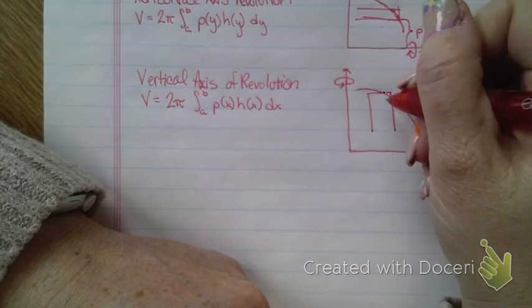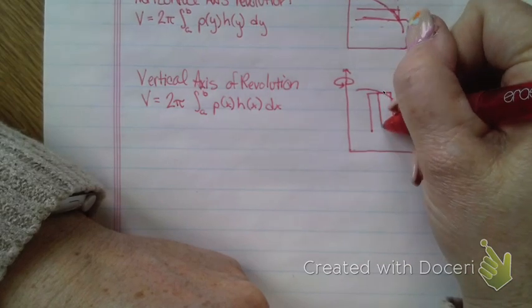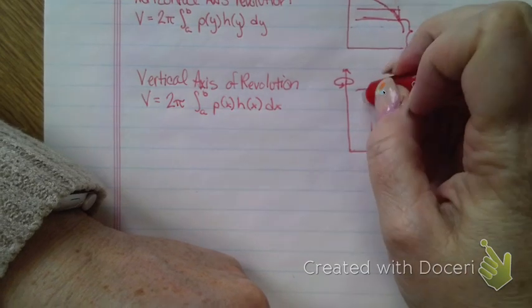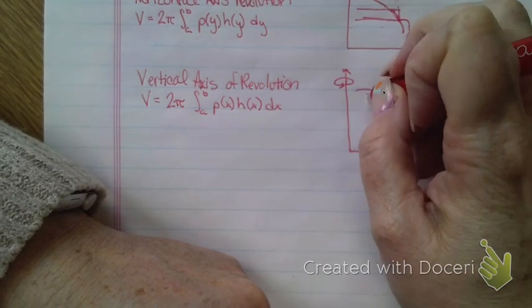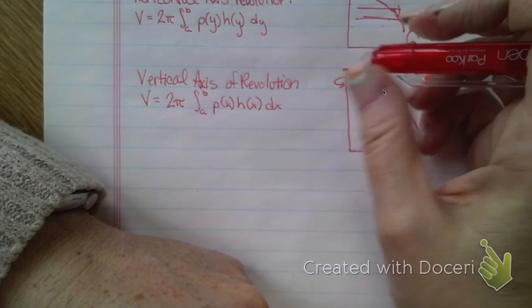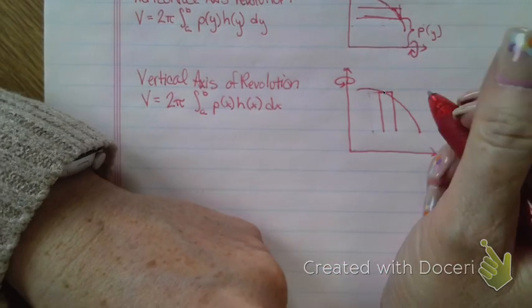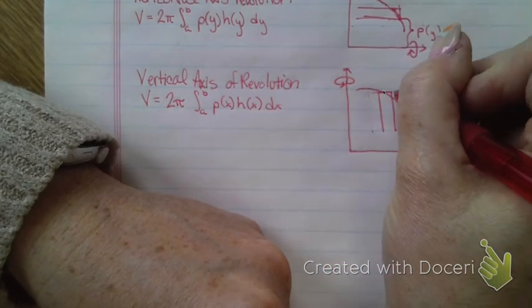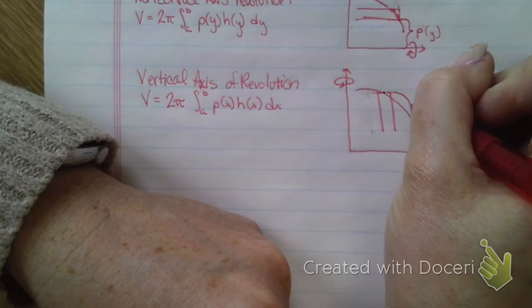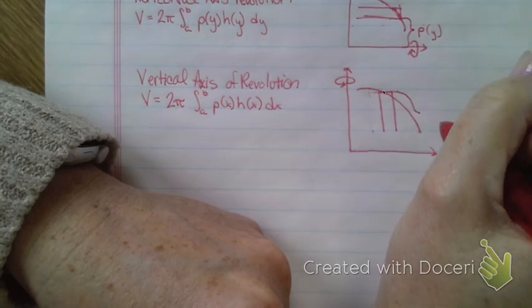Made that way too wide. So my H is still from the outside corner, but to the bottom of the shape.